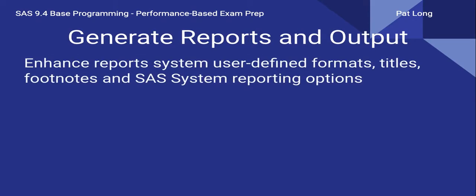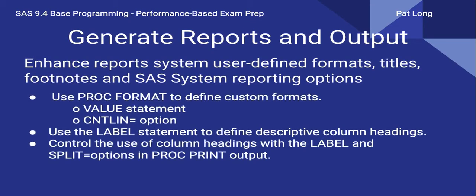Now we're going to be looking at generating reports and output. Further, we're going to look at enhancing reports using user-defined formats, titles, footnotes, and SAS reporting options. So we're going to look at proc format and the value statement and the CNTLIN equals option.